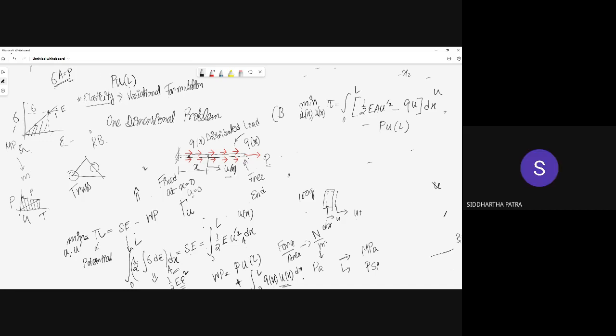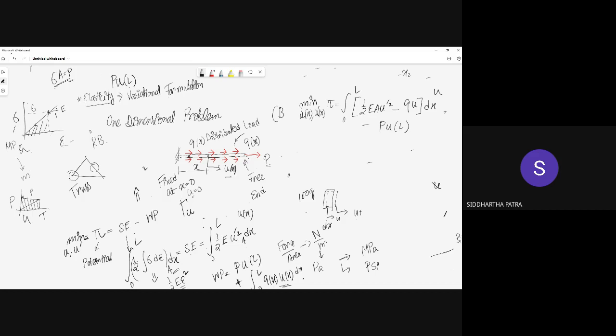See, the work potential, for the time being, is just a made up term. It just needs to be P times U of L for you to get the correct expression through the Euler-Lagrange equation. That's the idea. But if you really want to make sense of work potential, you can think of it this way.